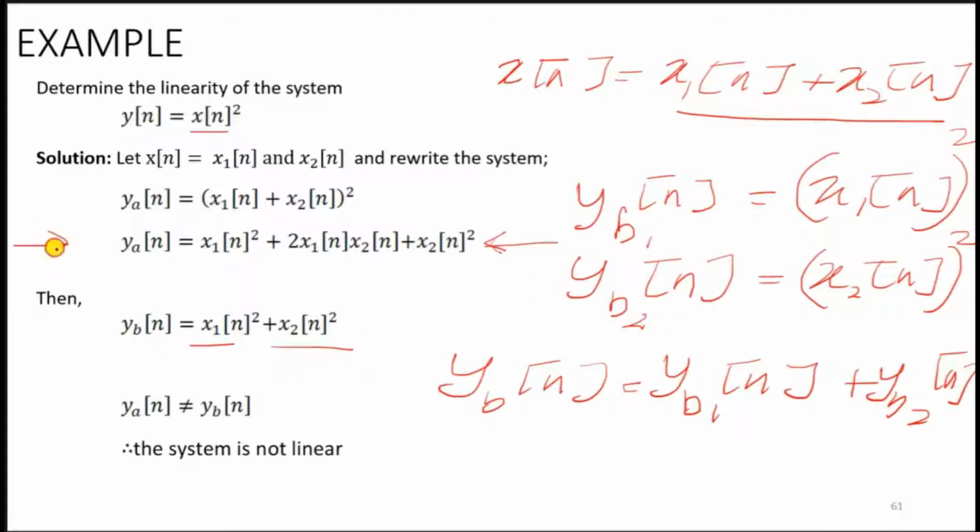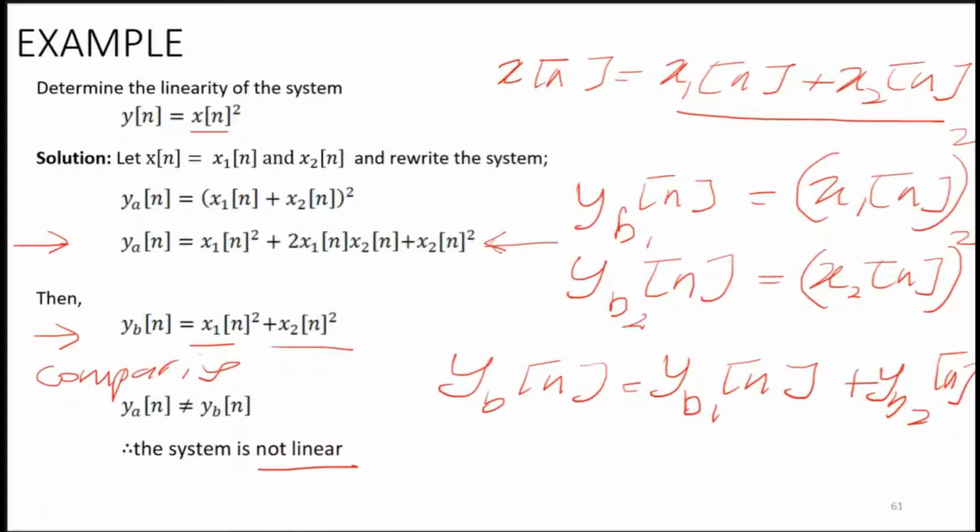Compare these two equations. When comparing ya[n] and yb[n], they are not the same. Therefore, the system is not linear.